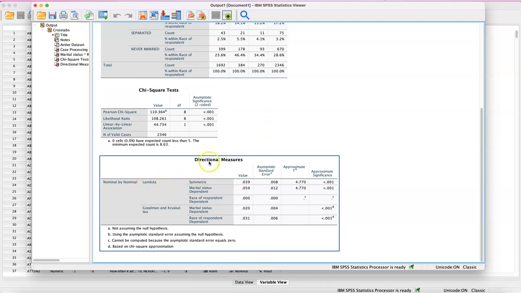For the directional measures, I mentioned that there is no directional measure between two nominal variables because there is no increasing or decreasing order. But anyway, the lambda value for marital status is 0.059, and this is statistically significantly different from 0. We are not using any sign, but we can come back to the table I showed in the lecture slide.